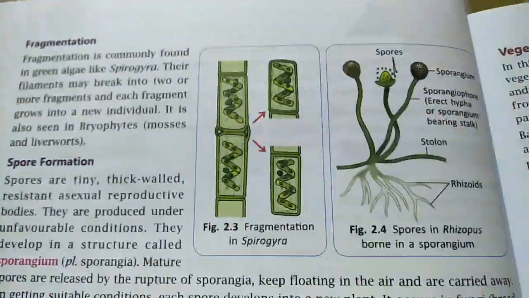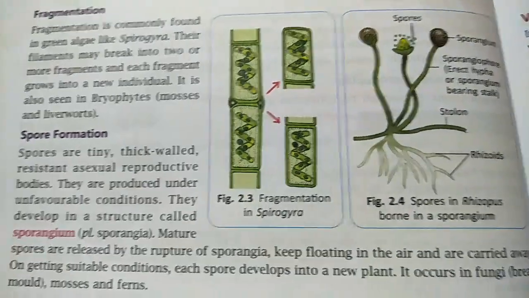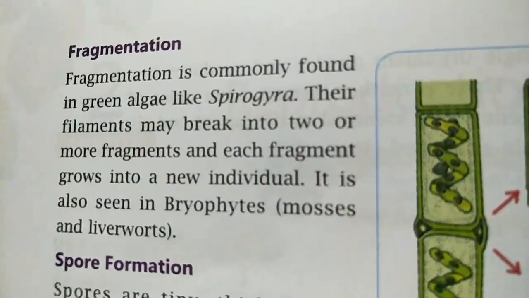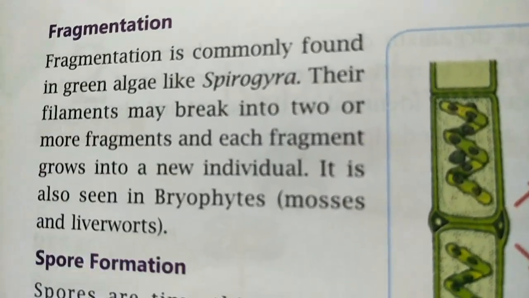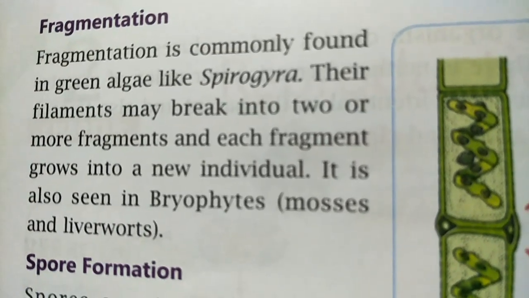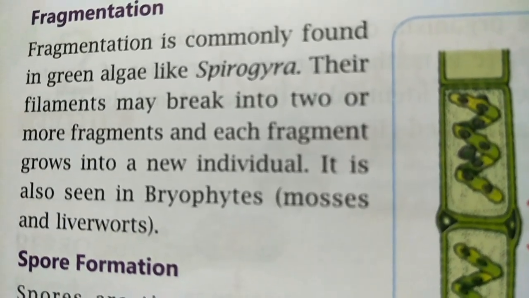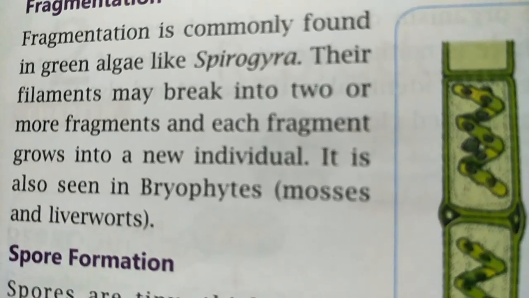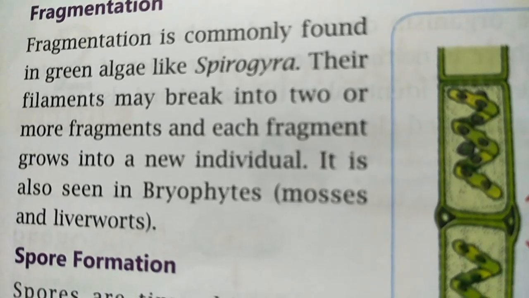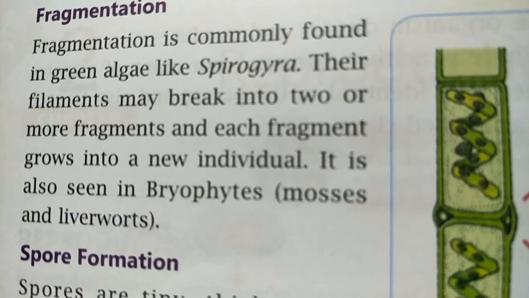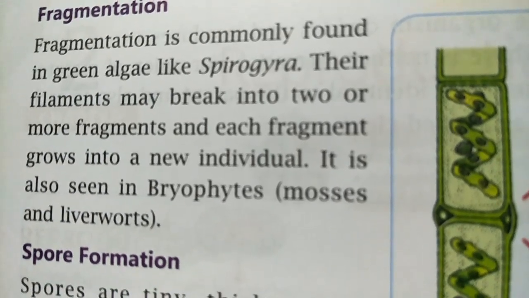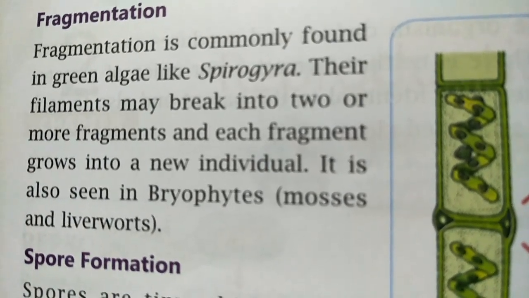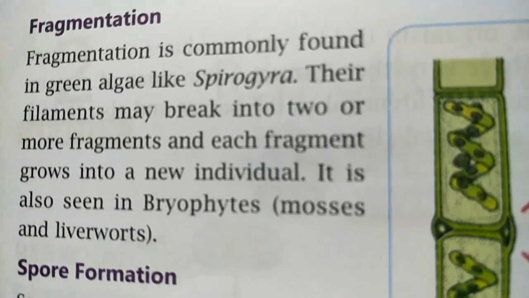Anyway, let's go to the next asexual reproduction here, and that is fragmentation. Fragmentation is commonly found in green algae like Spirogyra, and in Spirogyra the filaments may break into two or more fragments, and each fragment grows into a new individual. It is also seen in bryophytes like mosses and liverworts.